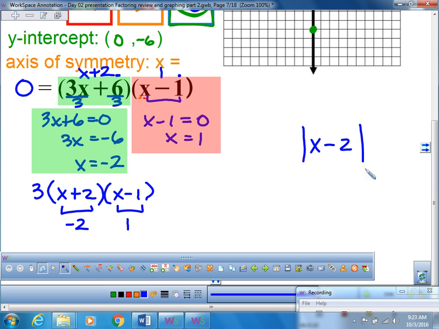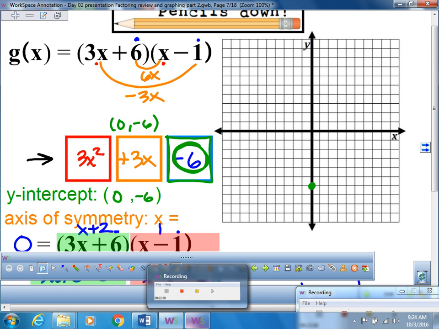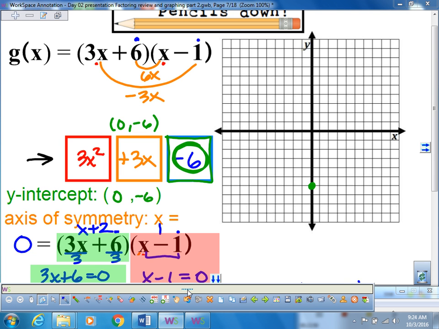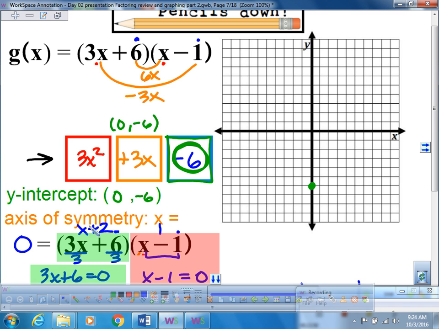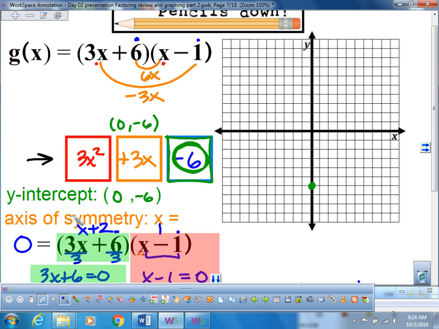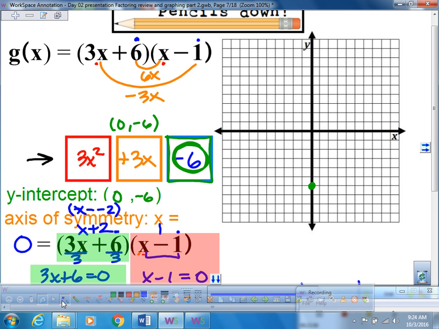All right, so now that we've got all of our pieces to our puzzle, right? I know my zeros. I found one of them. It's at negative 2. Because in true form this is really x minus negative 2, right? That's what makes x plus 2. Because we're always finding the difference between two things. So my 0 here is negative 2. And my 0 on this one is positive 1.